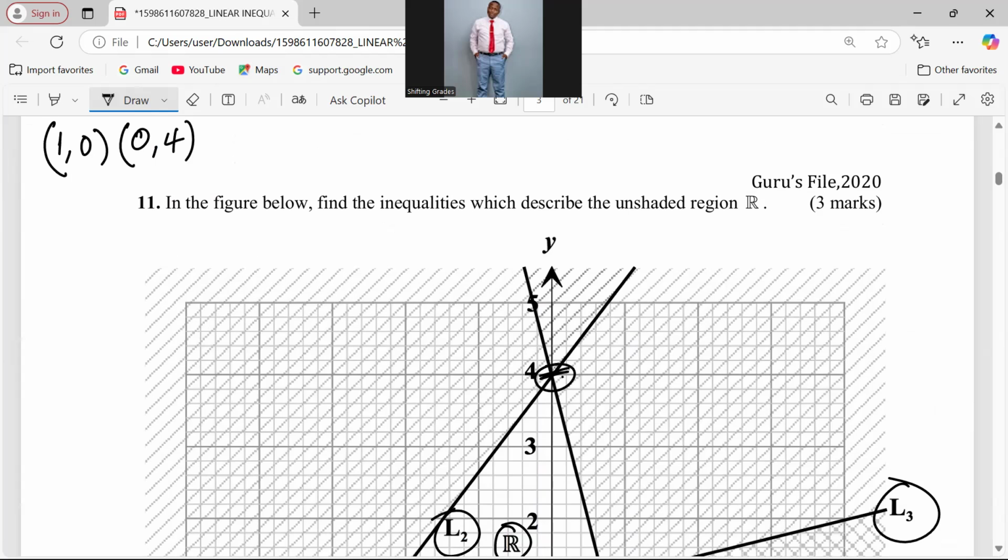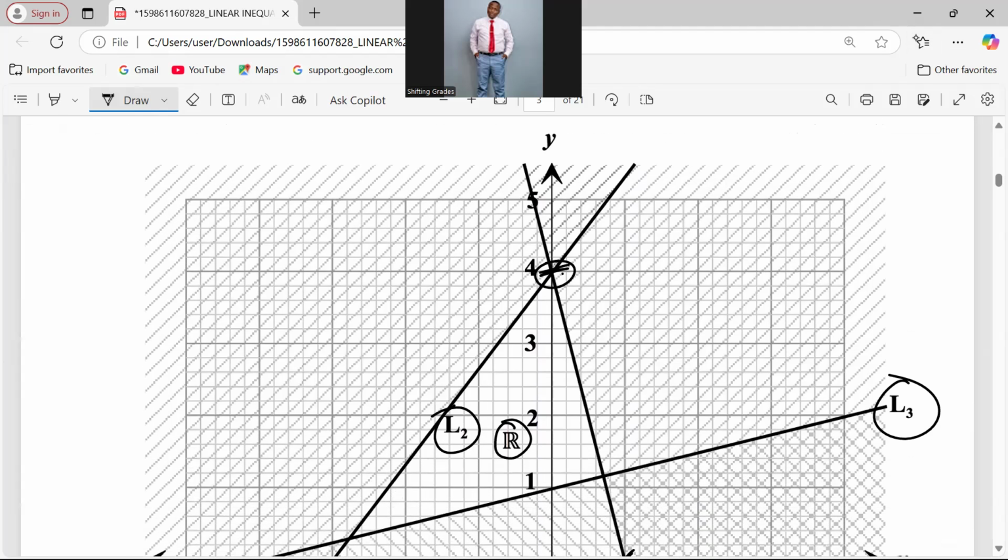So we got coordinates. So let's find the line which was plotted as L1.